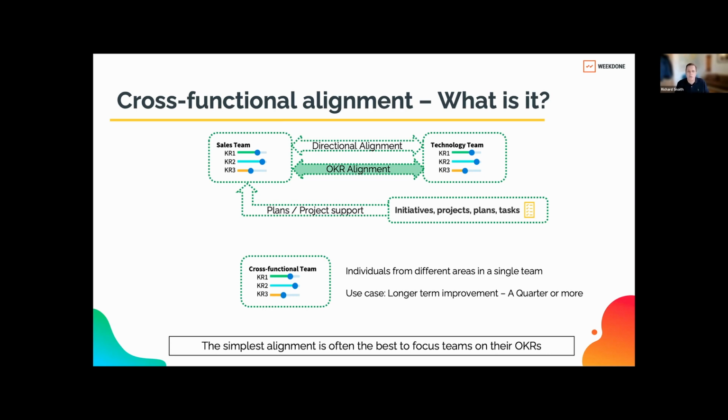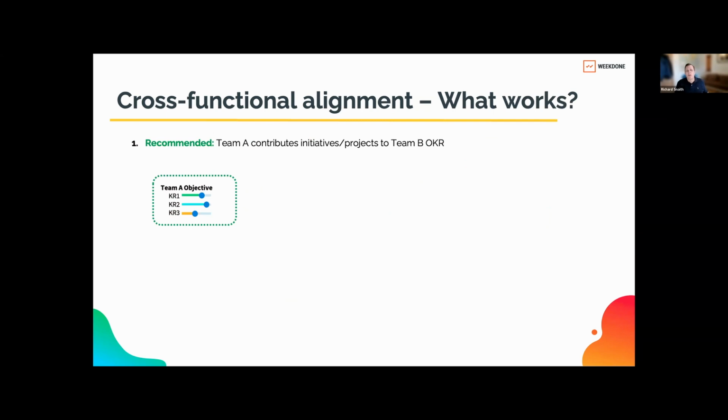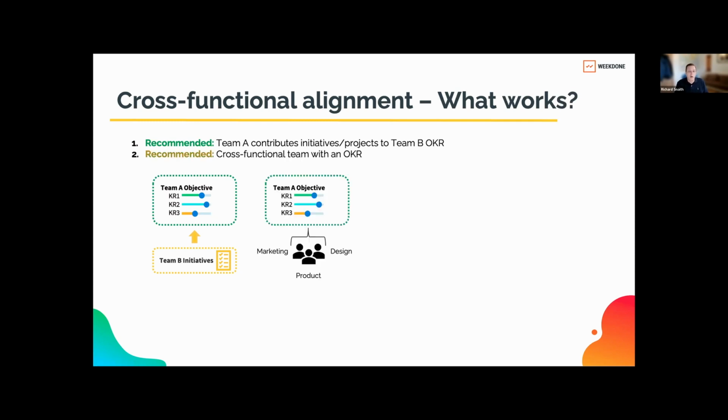The one thing is the simplest alignment is often the best to focus the teams. Simple is always better with OKRs. What we tend to recommend is either stick to Team A with Team B initiatives, objectives, plans feeding in, so not making it too complicated, or a cross-functional team where Team A objectives, which is the cross-functional team, has, say, marketing, design, and product. Could be more individuals from different teams in there as well.